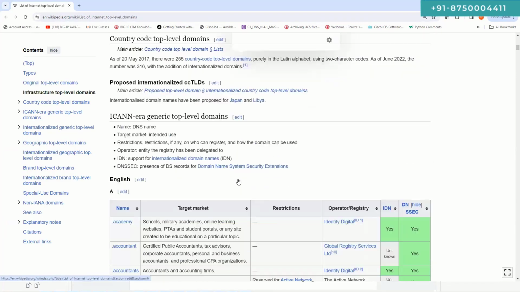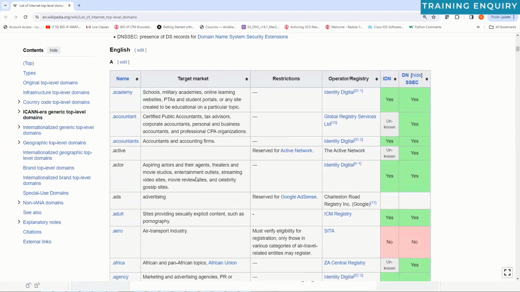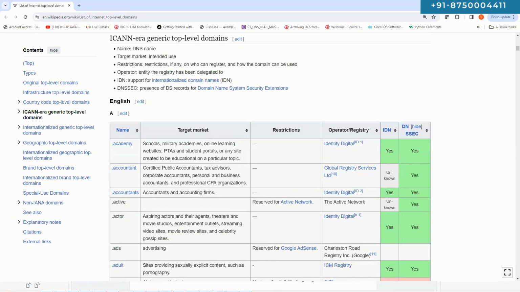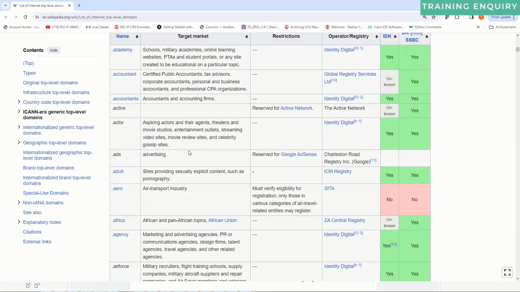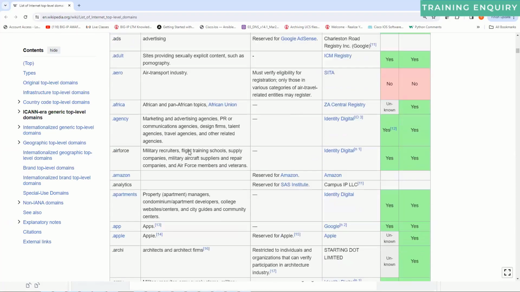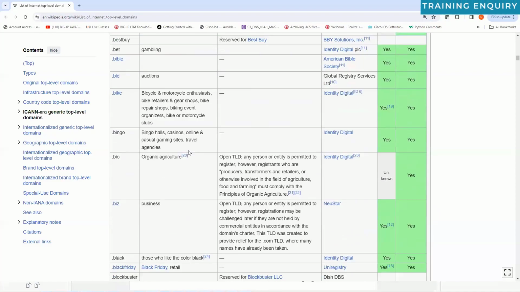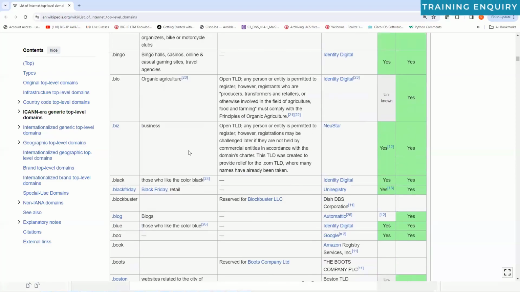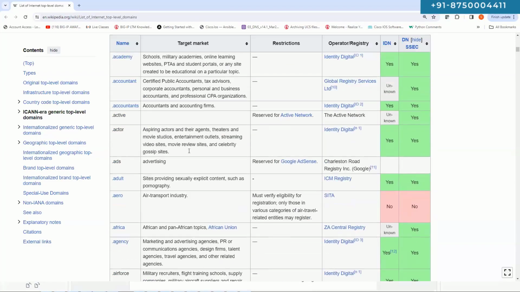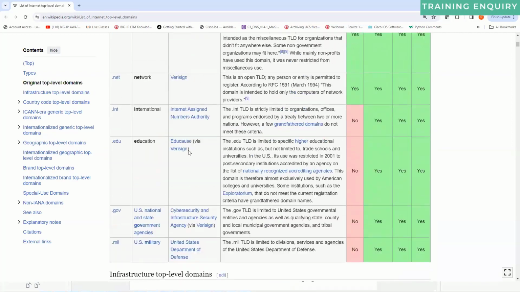So you can see them. And .academy, .accountants, .africa. These all are called top level domains.